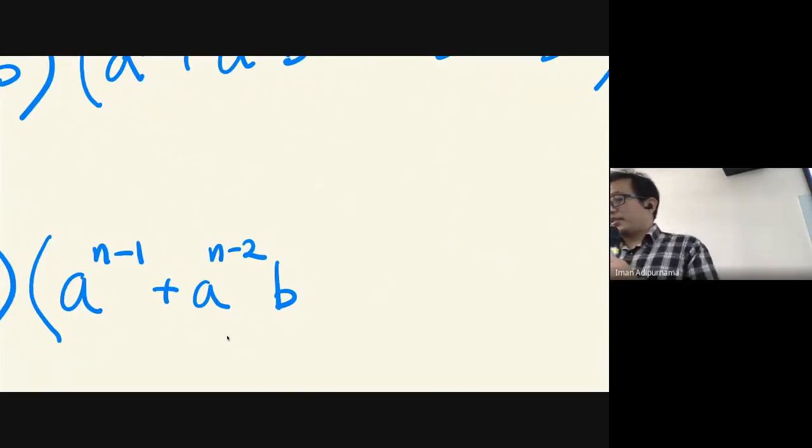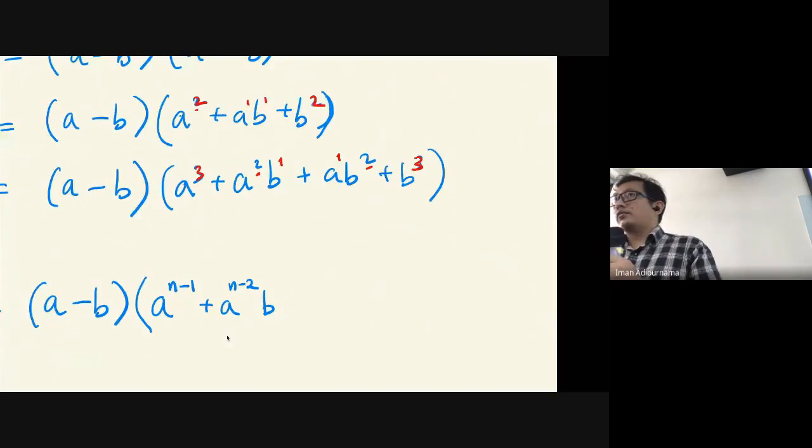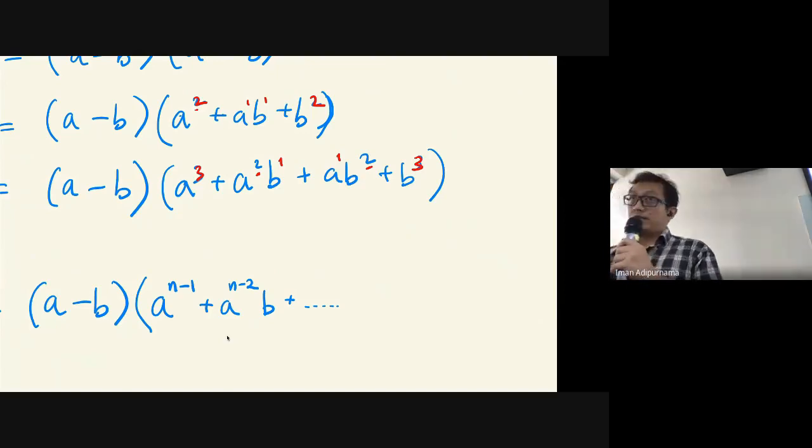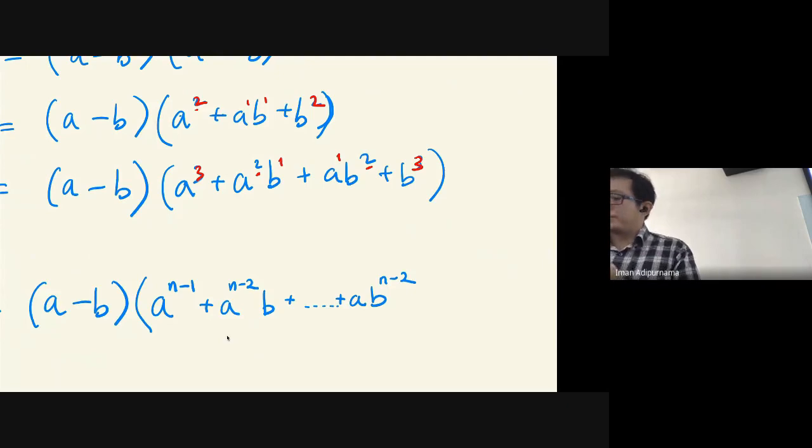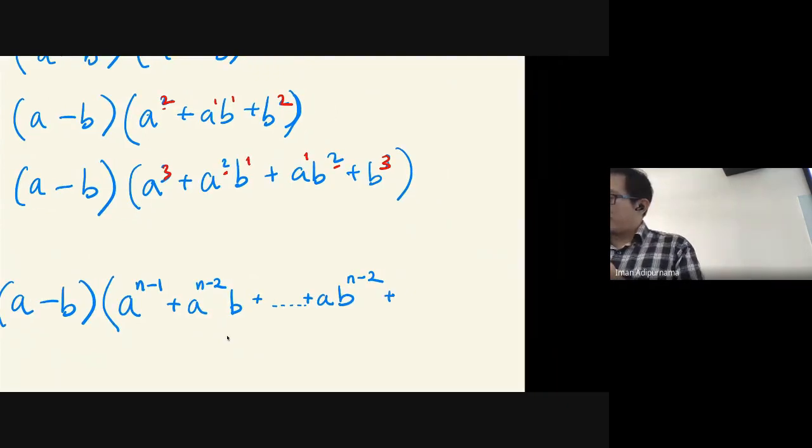Let's just imagine there's a lot going on, like maybe 3, 4. So let's just put dot dot dot and go for the last two parts, because in the middle you can get a lot of terms. Plus. Here we start with A, and before it is only B, right? So you start with A and then B to the n minus 2. And plus B to the n minus 1.